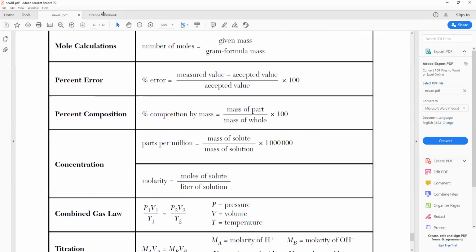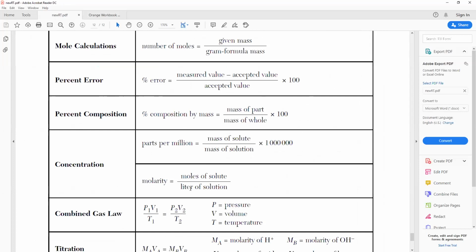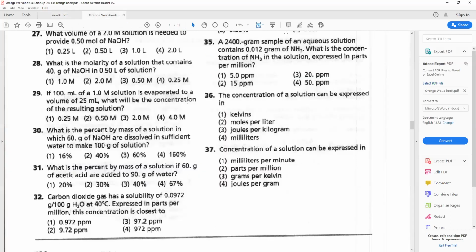So let's go back over here. The concentration of a solution can be moles per liter. Do we see that? Moles per liter. There's the concentration: ppm, molarity, moles over liter. So the answer to this one is moles per liter.